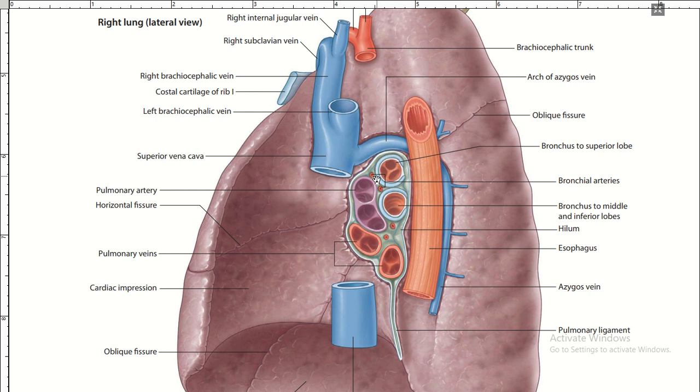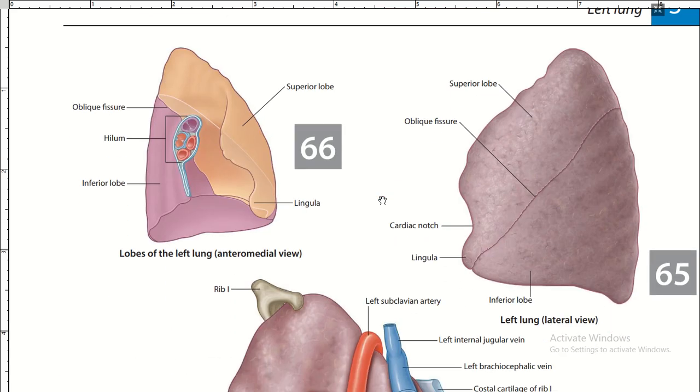You're also going to have some bronchial arteries. As I'm going to talk about the blood supply to the lung, they are all going to come from the descending thoracic aorta, going to supply the lung.